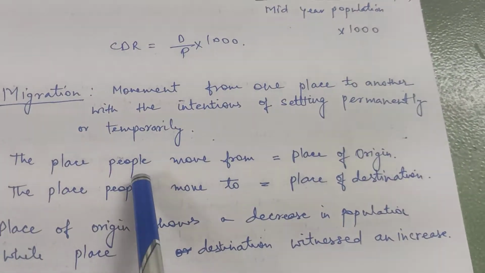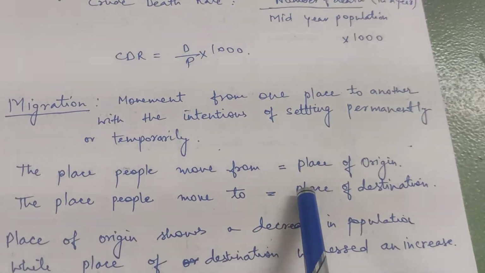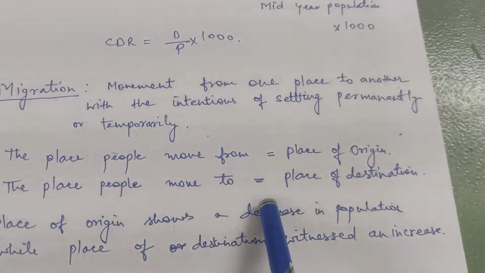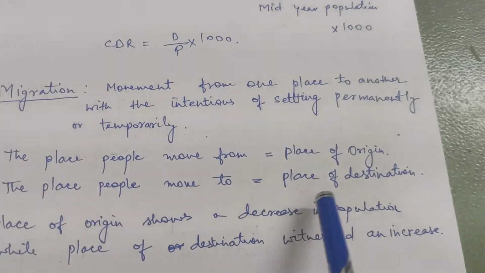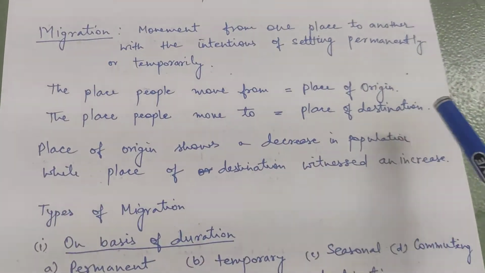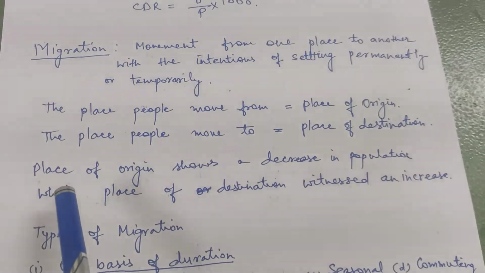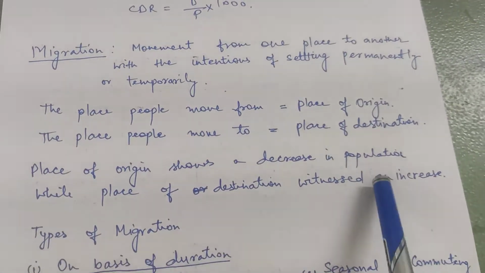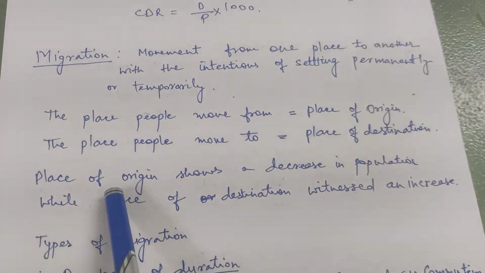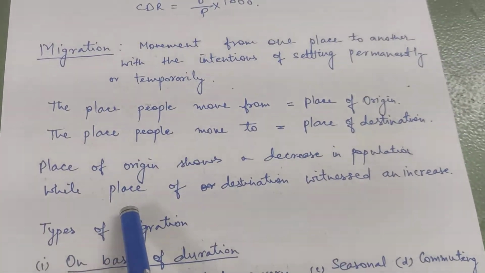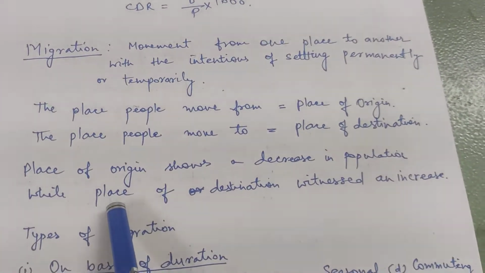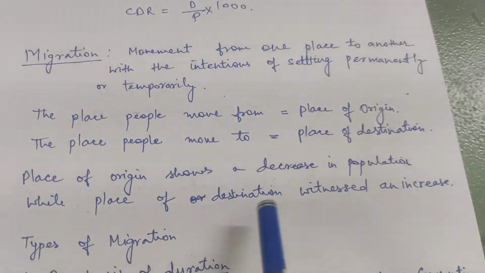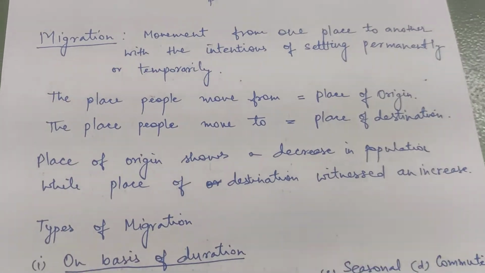The place people move from is called the place of origin, and the place people move towards is called the place of destination. The place of origin will show a decrease in population because people leave it, and the place of destination witnesses an increase in the population.